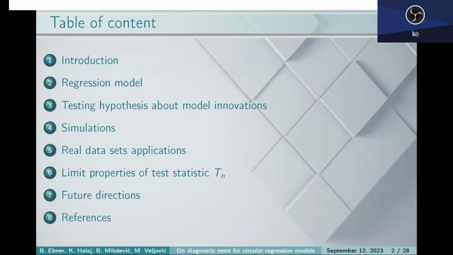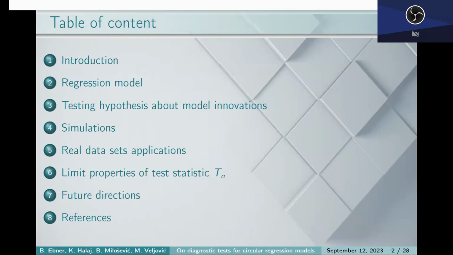First, I will give you the short outline of my presentation. Chapter 1 is divided into two parts. The first part is related to the regression curve and its properties, and the second part is focused on the probability model, which we will use later for the distribution of angular errors.